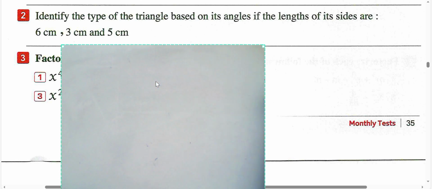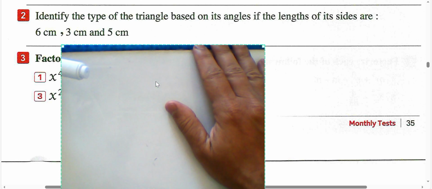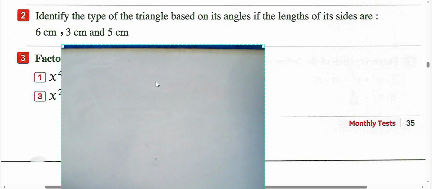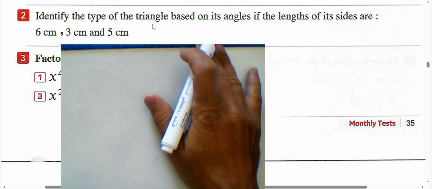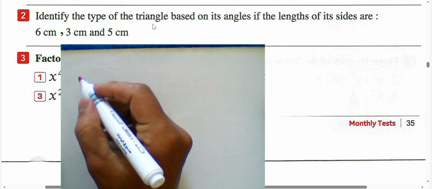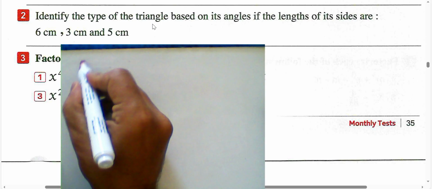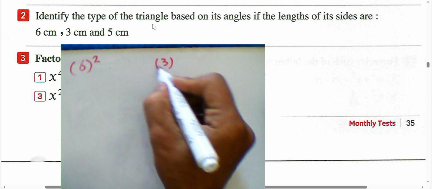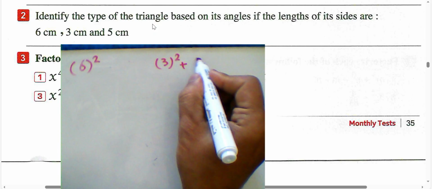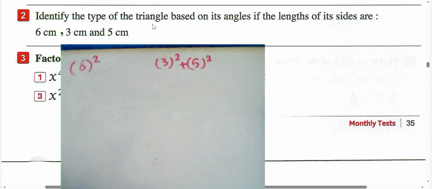Identify the type of triangle based on its angles if the lengths of its sides are 6 cm, 3 cm, 5 cm. Okay, first step, we take the greatest side squared. It is 6 squared, and compare 6 squared with 3 squared plus 5 squared.